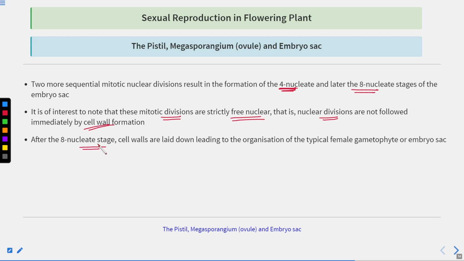After the 8 nucleate stage, cell walls are laid down, leading to the organization of a typical female gametophyte, also known as the embryo sac.